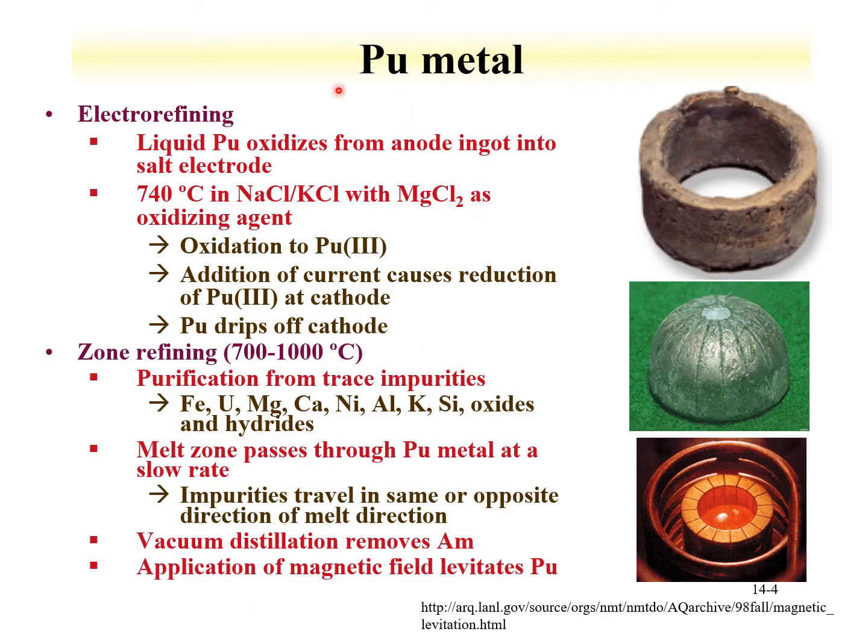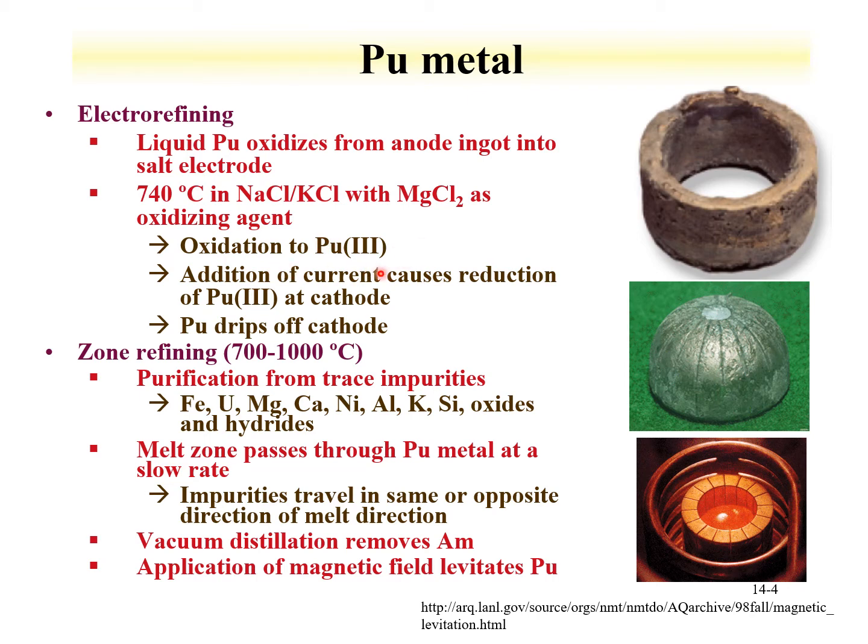Electrorefining is a process where plutonium is formed into a metal in a molten salt system. In this case, liquid plutonium can oxidize from an anode ingot into an electrolyte salt. The salt is at elevated temperature above the melting point of plutonium metal. So the plutonium can be introduced, oxidized to plutonium-3.